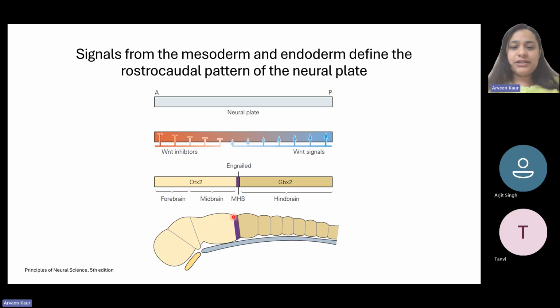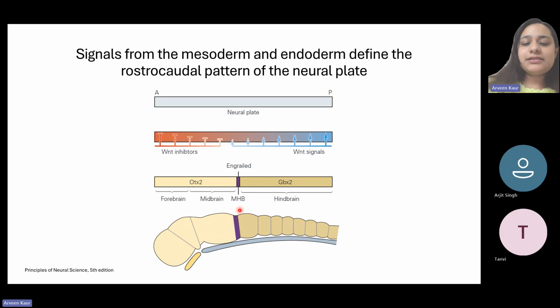And how will this be decided? Because this Wnt signaling or lack of Wnt signaling will activate different transcription factors, right? So in the forebrain midbrain area, OTX2 is the transcription factor that is activated. In the hindbrain region, GBX2 is the transcription factor activated in the presence of Wnt signaling.